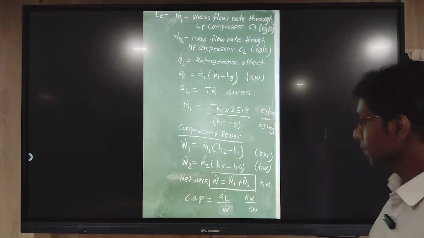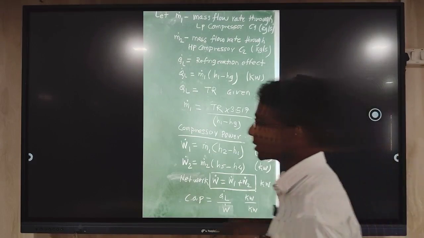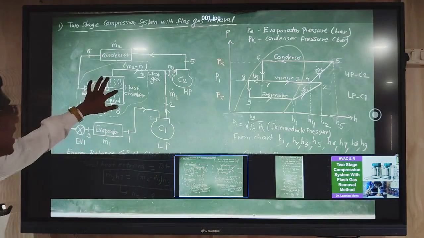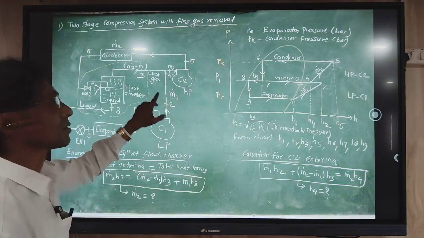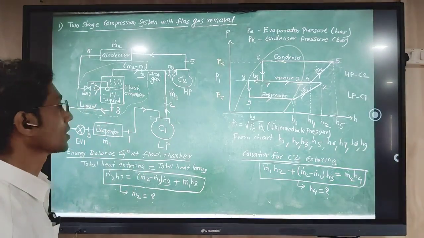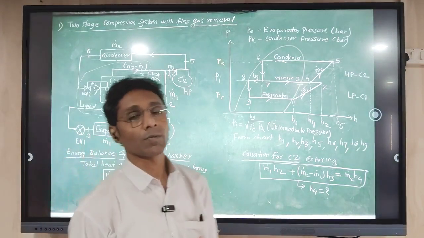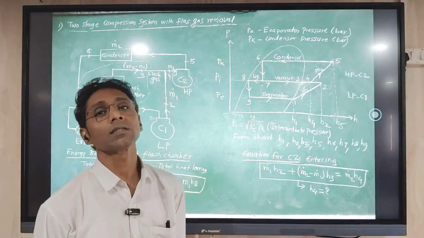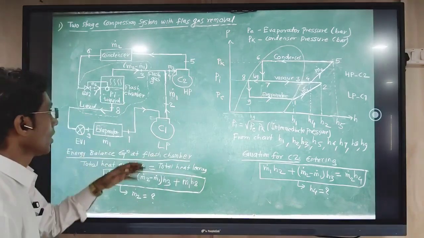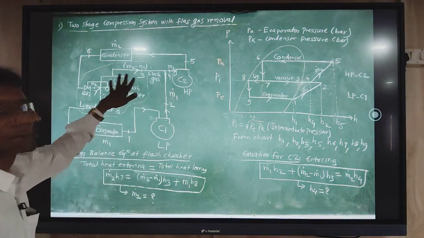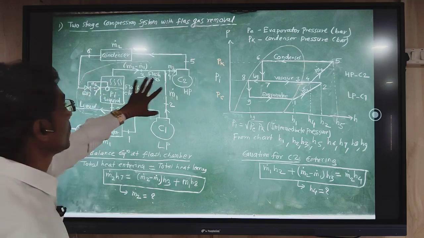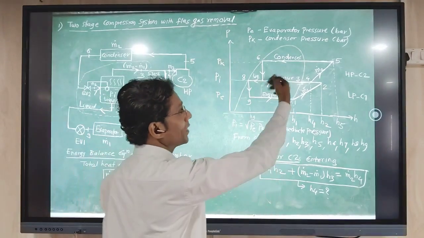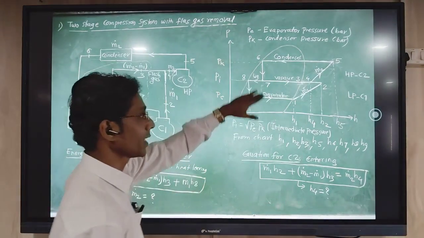So in this way we have seen in this video session how to use a flash chamber to remove the flash gas which is developed during the expansion process, in order to increase the performance of the system or to overcome the limitation of the single stage refrigeration system. Also we have seen the schematic of the flash gas removal method, the p-h diagram with all the points, and then how to obtain all the enthalpies.